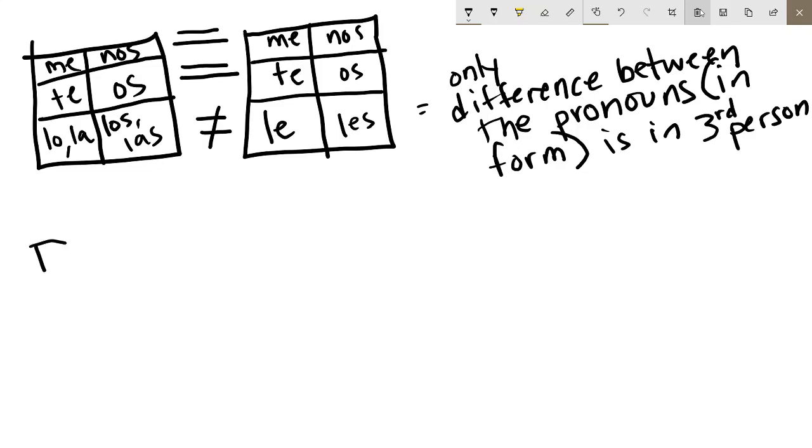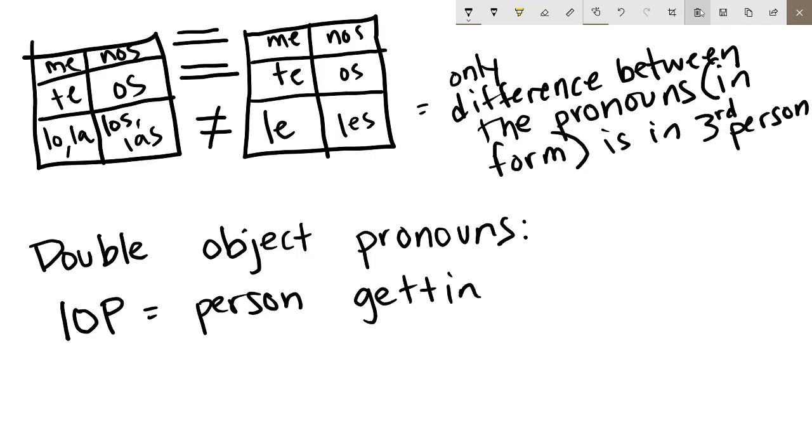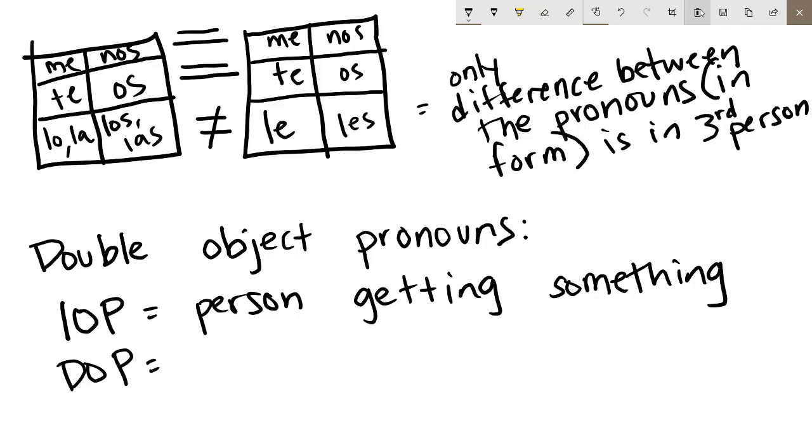With double object pronouns, you are going to use an indirect object pronoun to represent the person getting something or receiving something. And the direct object pronoun is the something they're getting.